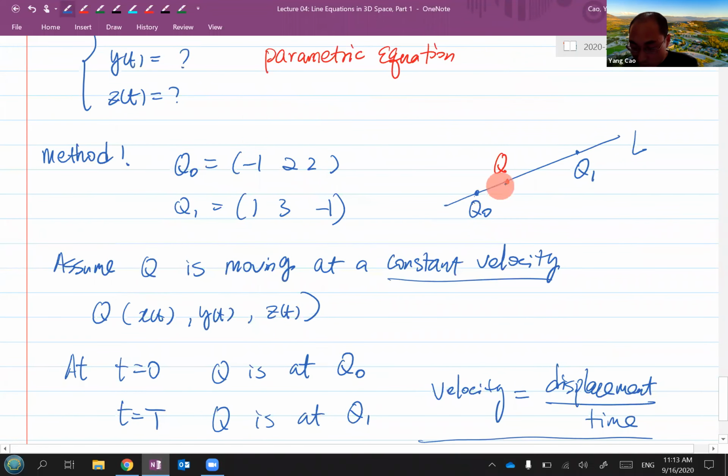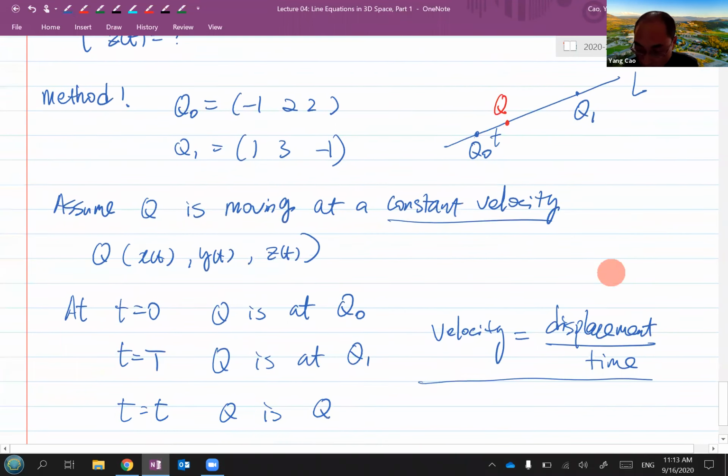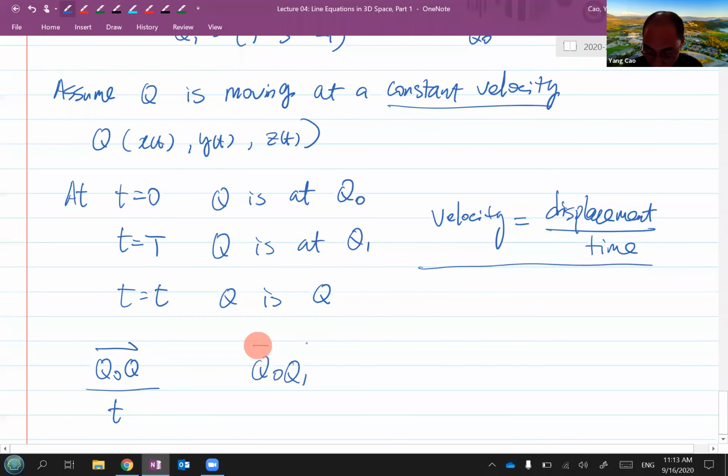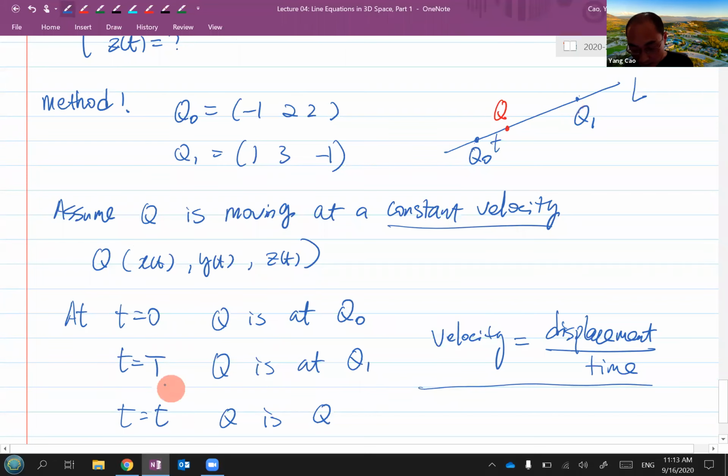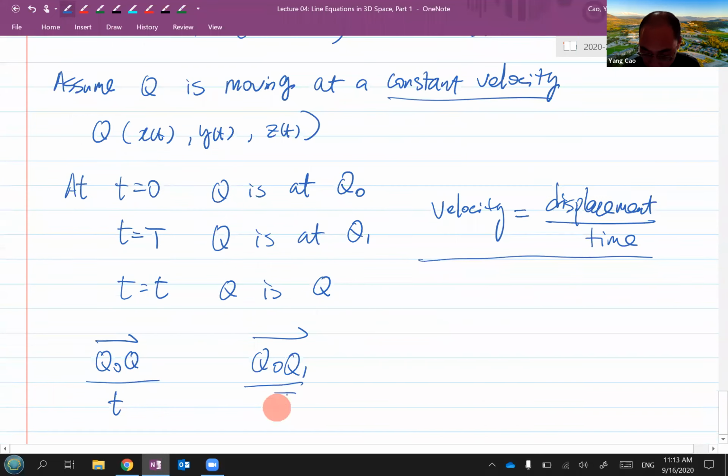It takes t. You divide by t, and you get a velocity. At the same time, if I use Q naught Q1 as the displacement, it takes capital T, so you divide by capital T. Both give you the same velocity because of constant velocity, so you can set them equal to each other.